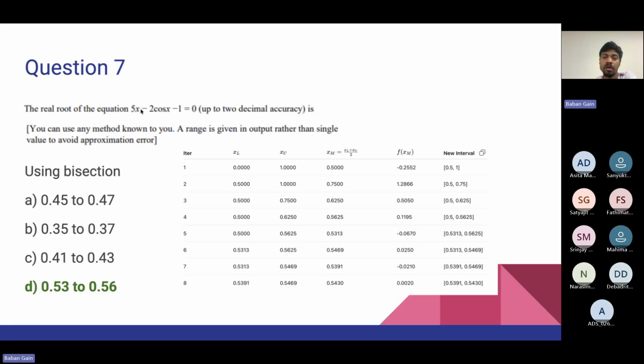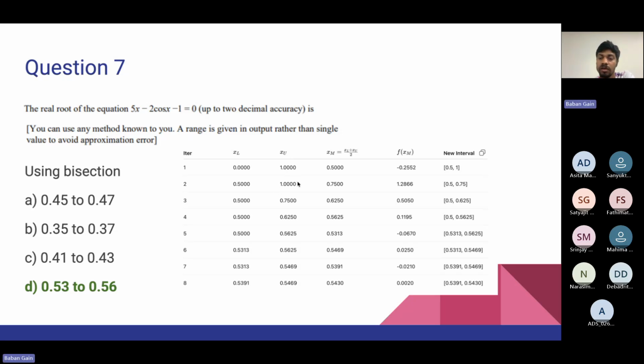So instead of x, I write 0.5. Then I calculate the value, and the answer is minus 0.2552. If the value is negative, then the midpoint becomes the lower point in the next step and the upper point remains the same.